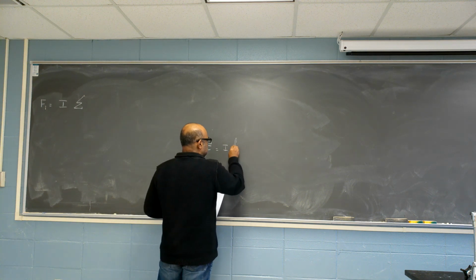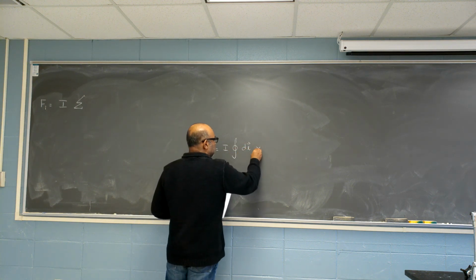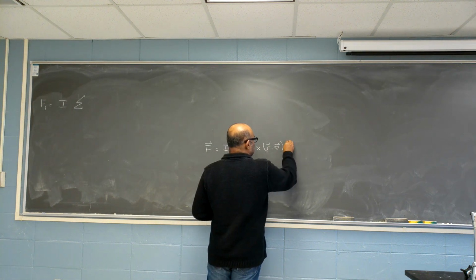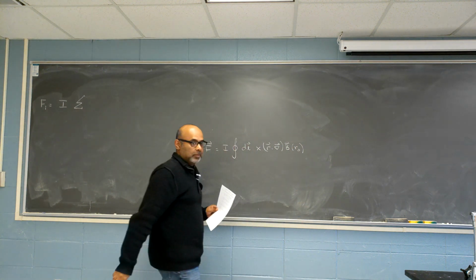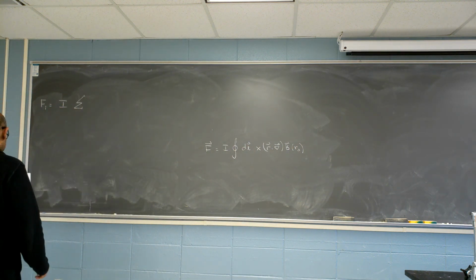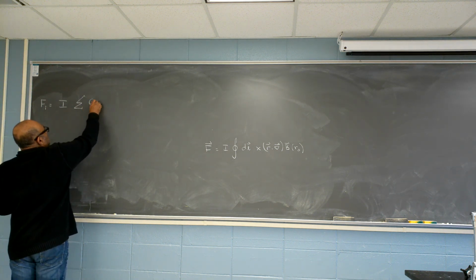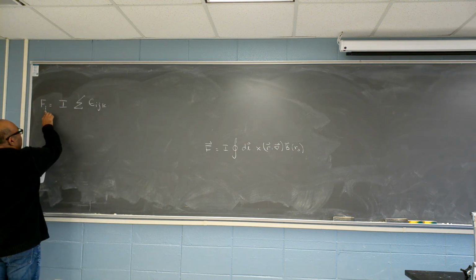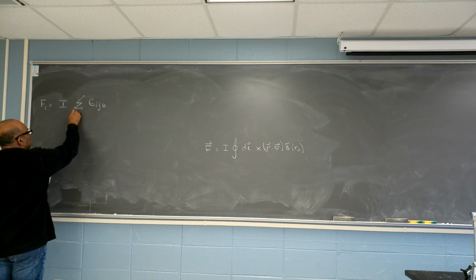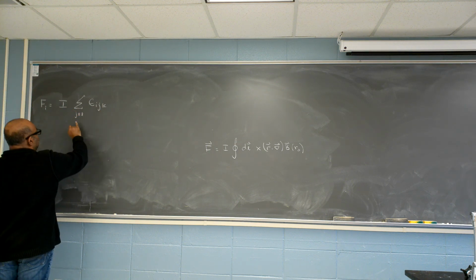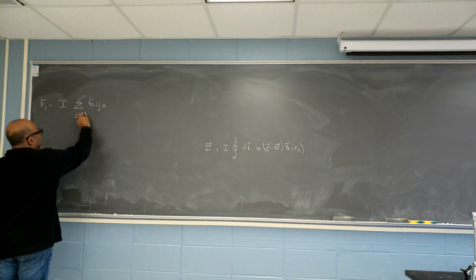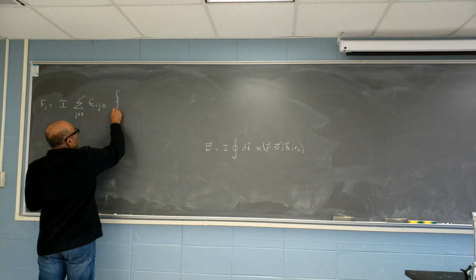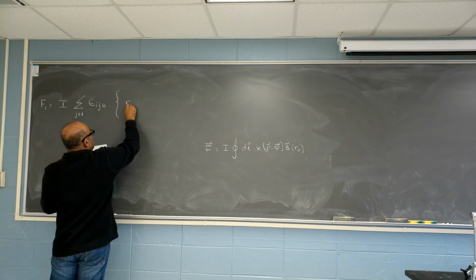I dl cross r dot gradient acting on B. This is what I had, right? So let me explain. i, j, k, this is i, and I'm going to sum the three indices, j, k, and l. When I write this, you should know that it's going from 1 to 3. Let me write out what I have, and I'll explain.